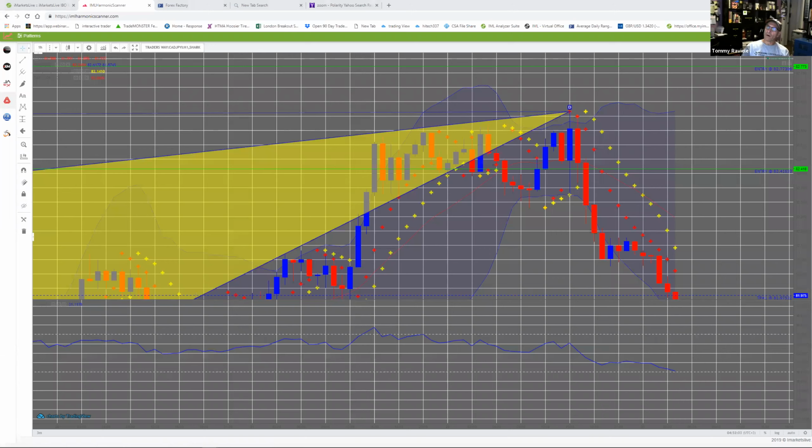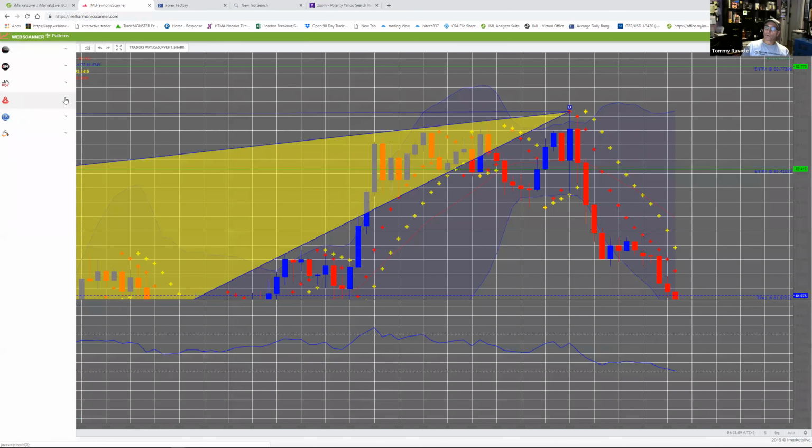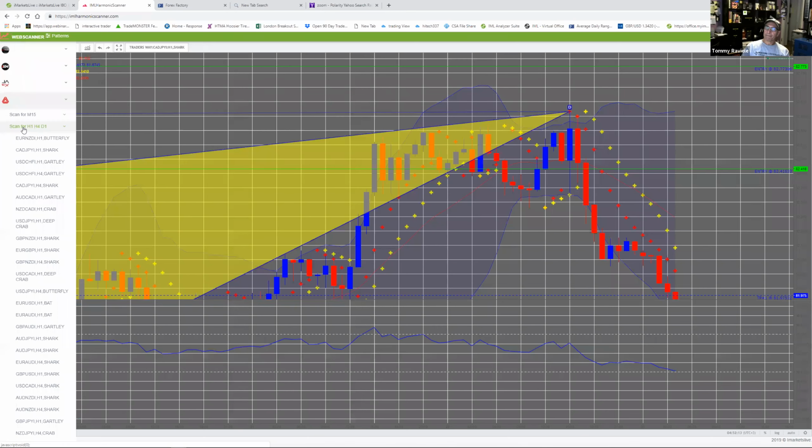All right. So now let's come back and let's pull up a brand new scan. H1 4-day. Here's something else I want to point out. The scanner is calling out pairs that are in motion, right? So I have CAD in motion here.